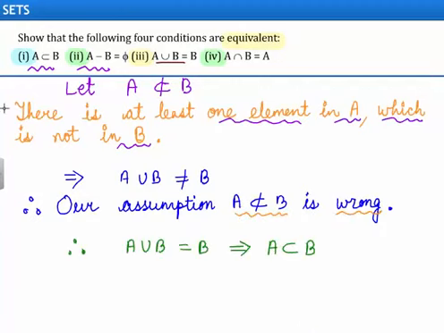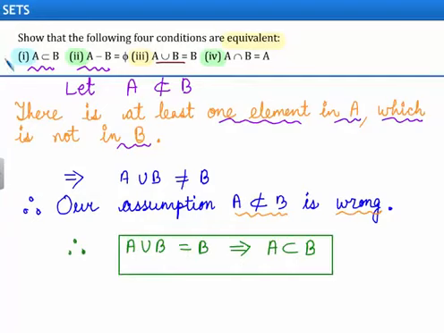Therefore, A union B is equal to B implies that A is a subset of B. And this we name as 7.